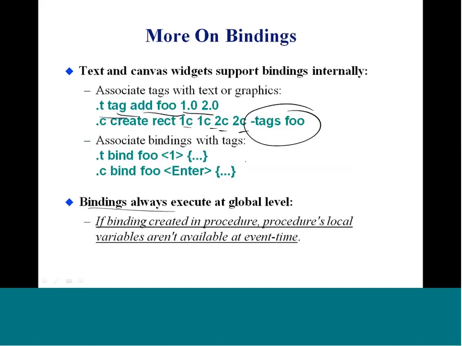And then we have text and also canvas widgets that support bindings internally. So here is a text one, where the tag is already specifying internal bindings, and for creating a rectangle we need the length and width of the rectangle. That's again through this command we can specify.